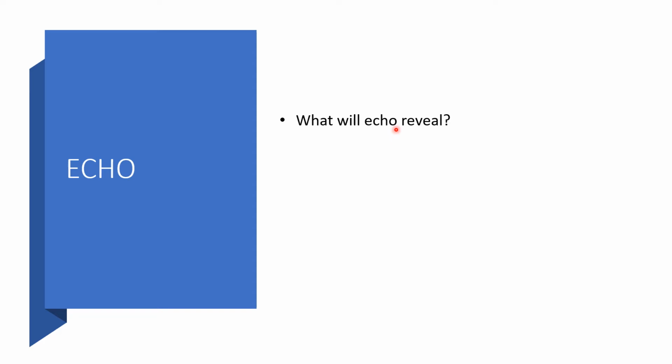What will echo reveal? Echo will reveal valvular dysfunction, hemodynamic severity, ventricular function, the presence of shunts, and while following up in the face of bacteremia and deteriorating patient that's on treatment, echo will guide.